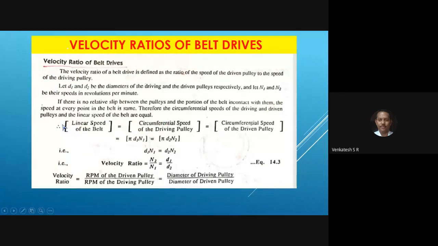Write down. Therefore, the linear speed of the belt, keep this sentence in the square bracket, equal to circumferential speed of the driving pulley, in the square bracket, equal to circumferential speed of the driven pulley.